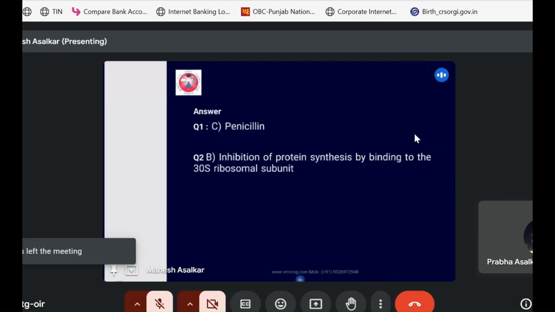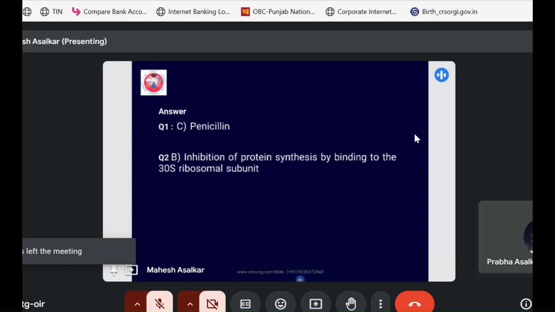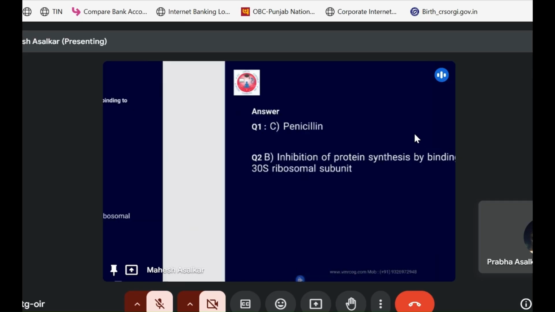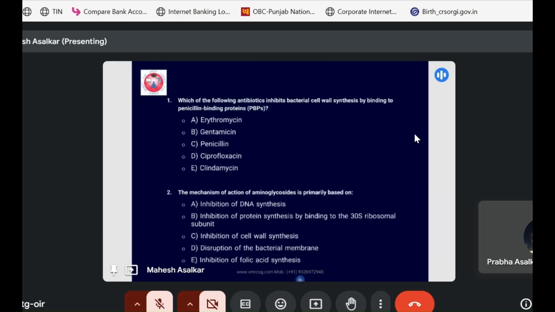Okay. So the first is C, penicillin. Actually, the question is very clear, and we get confused because it clearly mentions penicillin binding proteins.